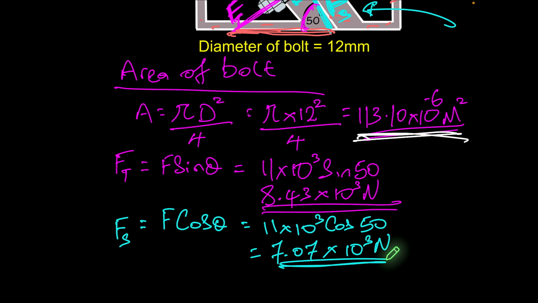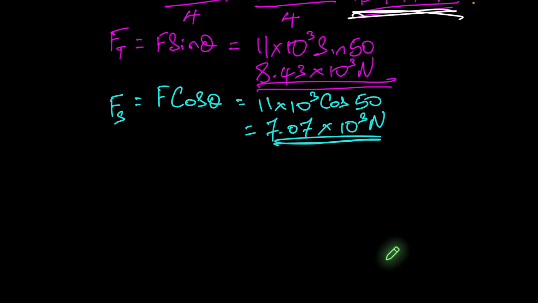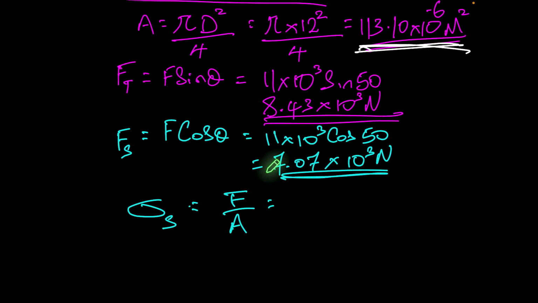Now let's go ahead and calculate our shear stress and our tensile stress. So I'll start with the shear stress first. So shear stress, that's the symbol for stress and a little subscript S to represent shear stress. It's just going to be force divided by area. And we've already calculated our area up top, just as a reminder.